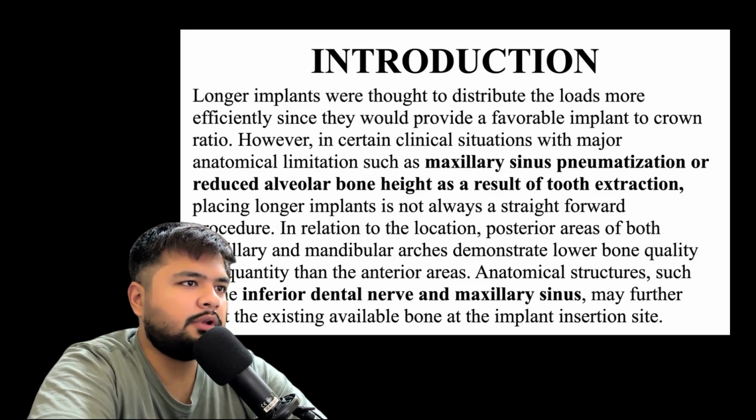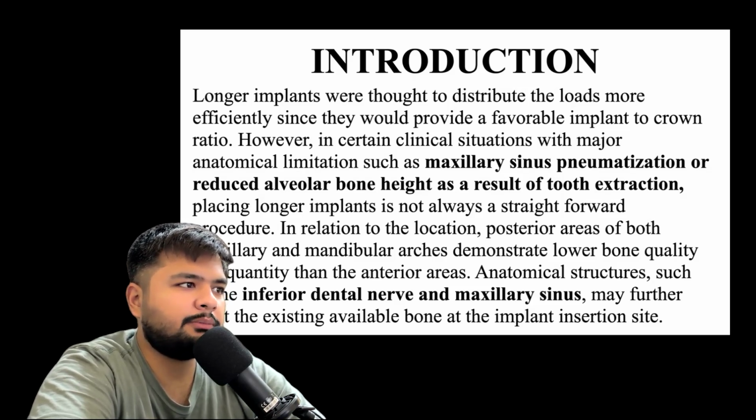In relation to the location, posterior areas of both maxillary and mandibular arches demonstrate lower bone quality and quantity than the anterior areas. Anatomical structures such as the inferior dental nerve and the maxillary sinus may further limit the available bone at the implant insertion site.